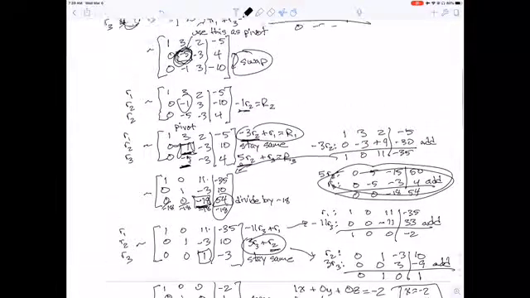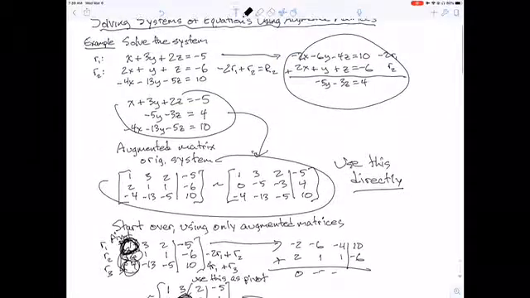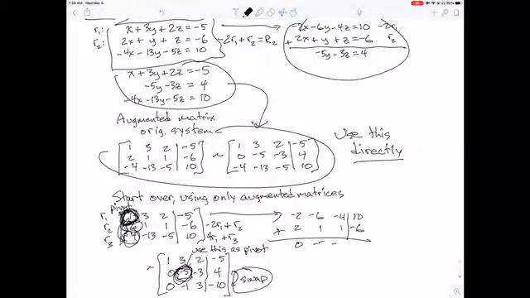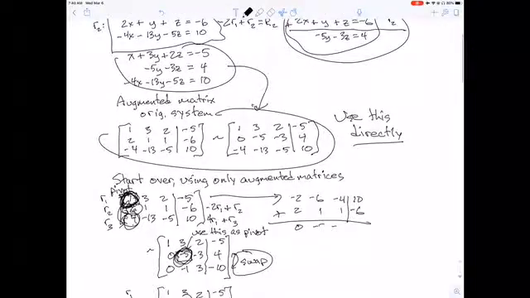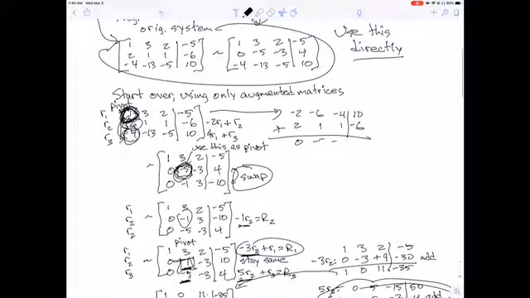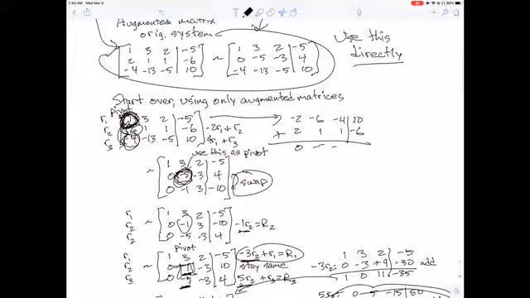So we've gone through this process, starting with the original system at the very start, and using augmented matrices, we have added various equations together in an organized way. We have gone through the process of pivoting in the upper left-hand corner.